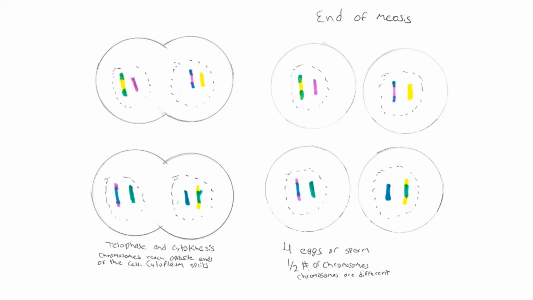And when you look at each of those chromosomes, they look different than the chromosomes found on the parent cell. Each of these cells represents either egg or sperm. So now you know, meiosis is important for creating those gametes. Meiosis is important for creating diversity.